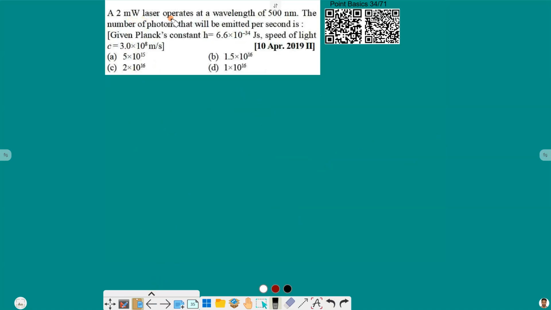A 2 milliwatt laser operates at a wavelength of 500 nanometer. The number of photons emitted per second is? So the number of photons emitted per second is power divided by the energy of the photon. Power is 2 milliwatts, so 2 × 10^-3 divided by energy, and that will be hc by lambda, because energy of a photon is equal to hc by lambda.